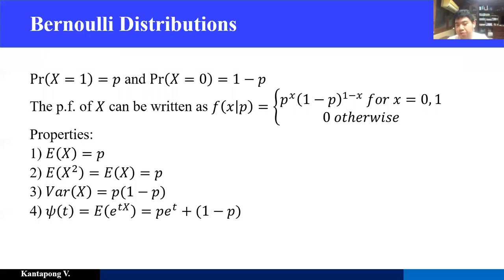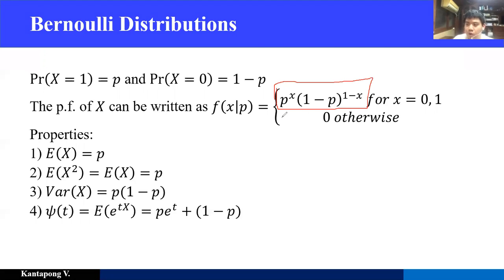The binary distribution is as simple as this. The probability that X equals 1 is p, and X equals 0 is 1 minus p. So a little bit of notation: we can write it in this way. It is more convenient.